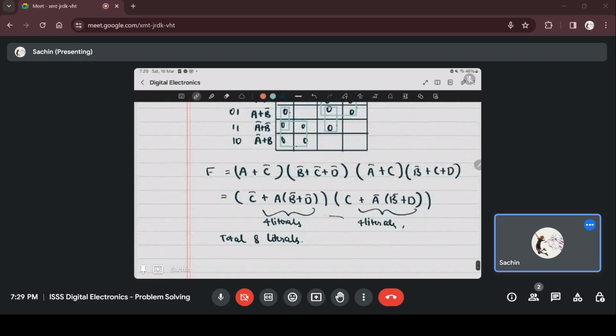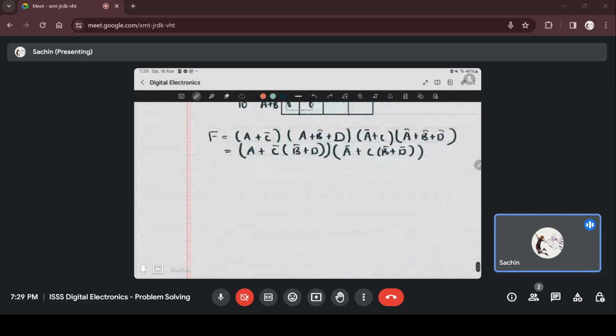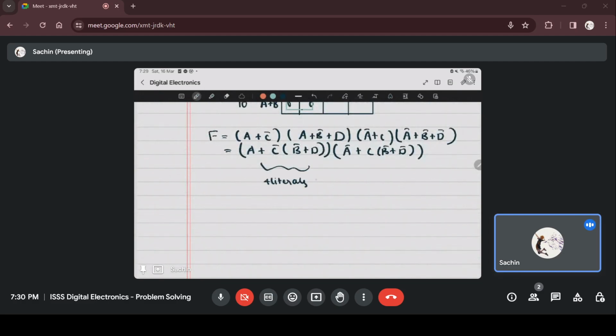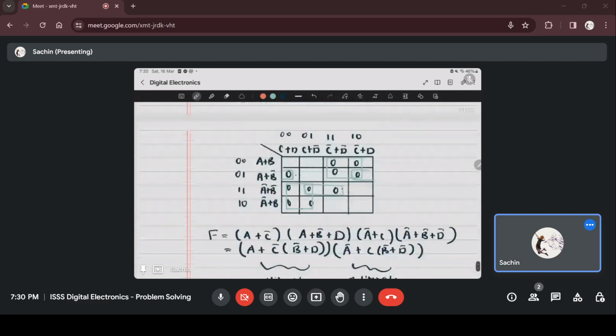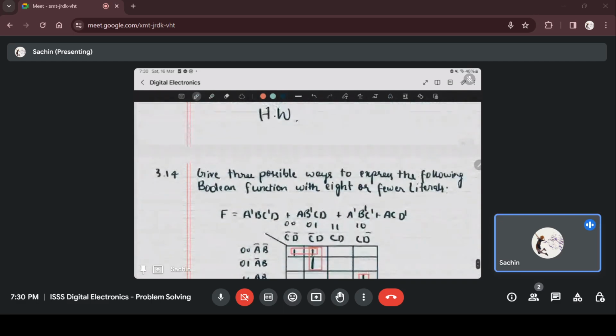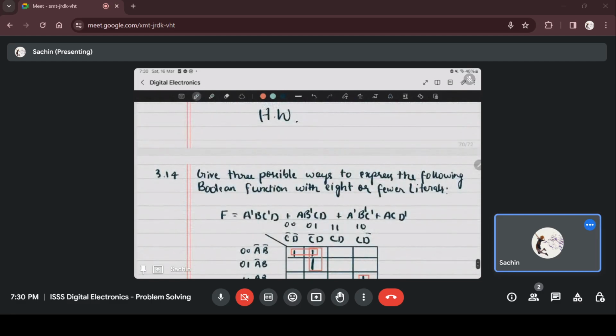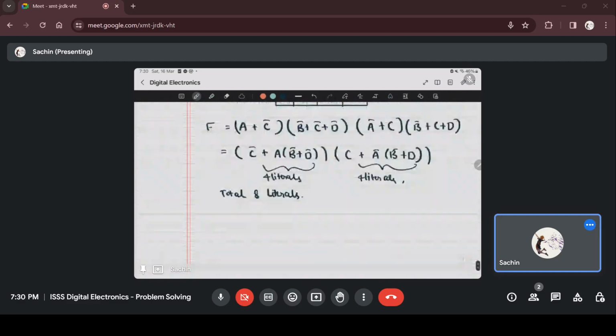So that is different from this expression, and similar to that expression you have 4 literals in the first term and 4 literals in the second term, so that gives a total of 8 literals. So those are 3 ways of expressing the Boolean function with 8 or fewer literals.